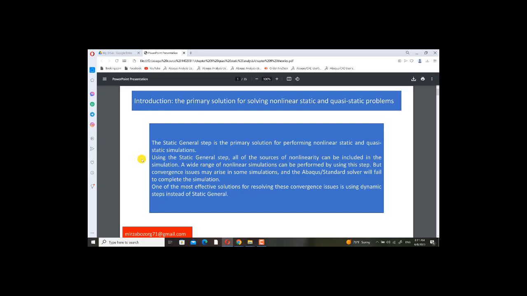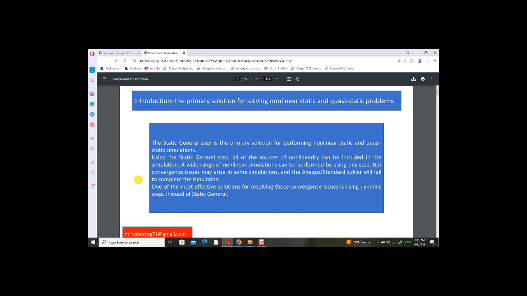A wide range of nonlinear simulations can be performed by using this step, but convergence issues may arise in some simulations, and the Abaqus standard solver will fail to complete the simulation. One of the most effective solutions for resolving these convergence issues is using dynamic steps instead of static general.